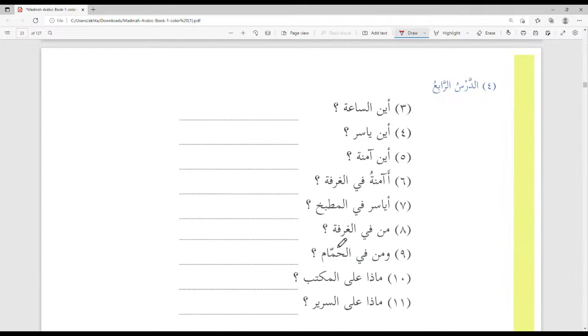Next one. Let's have a few more like Umar bin Dris. علي. أين الساعة؟ هي على السرير. نعم, ممتاز. ما معنى الجملة؟ It is on the bed.